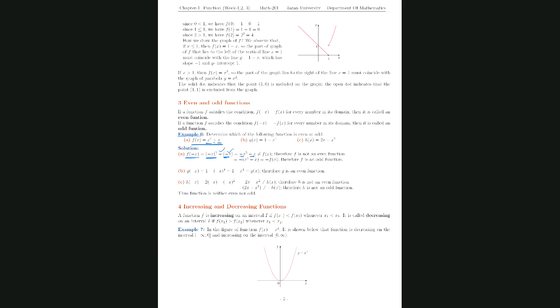So this is not f(x). So f of minus x is minus x to the power 5 minus x, and this is not f(x), so this is not an even function.